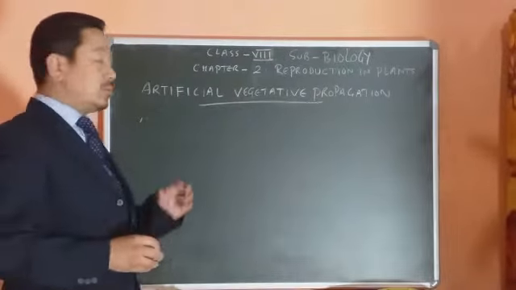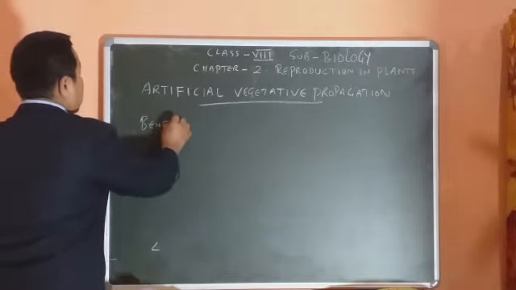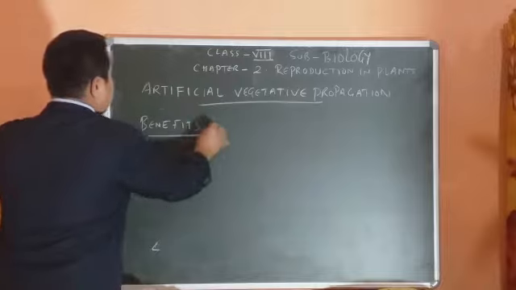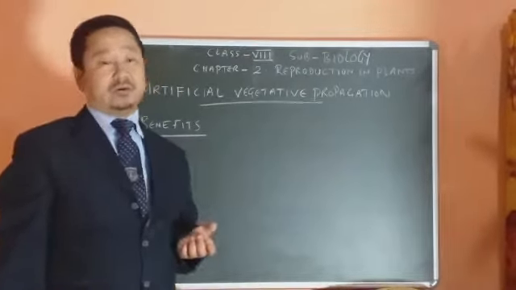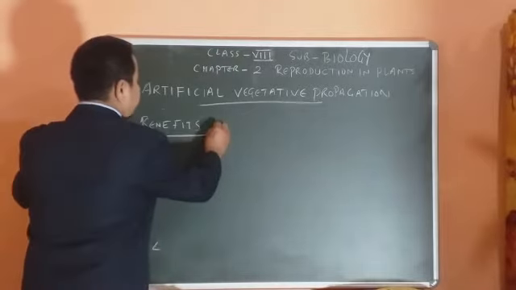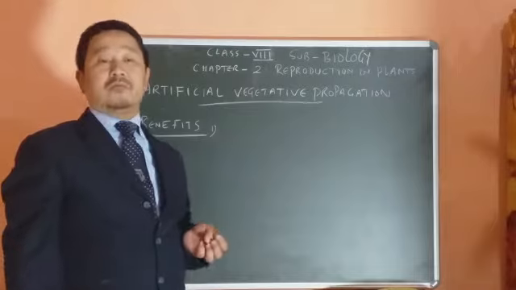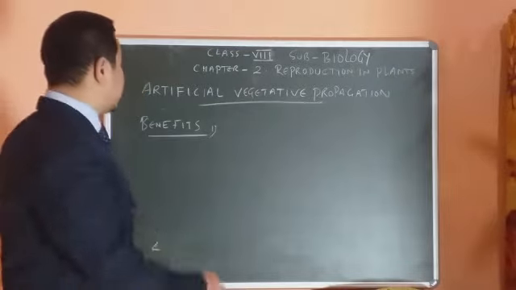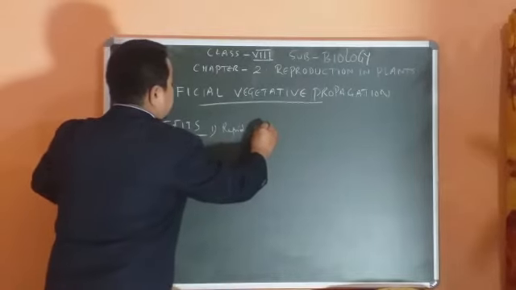Now we'll go through the benefits: why we go for artificial vegetative propagation, and what its significances are. Number 1, rapid propagation of identical individuals.